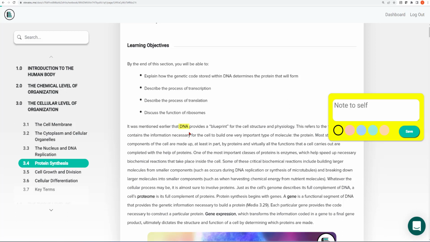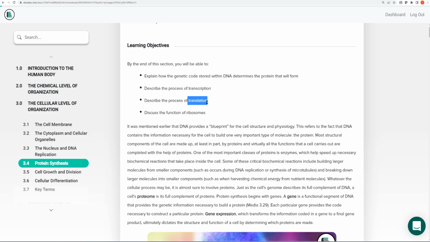And we're going to talk about how DNA provides instructions to the cell, and through this series of instructions, proteins are made. In order to make proteins, there are actually two processes involved, and I'll go through both of these. The first one is transcription. The second process is translation. So I'll spend some time and we'll break those two processes down.